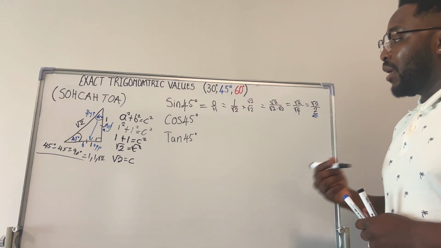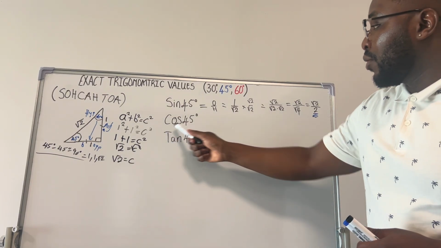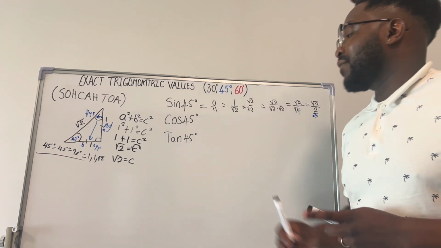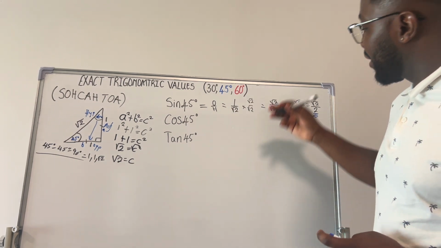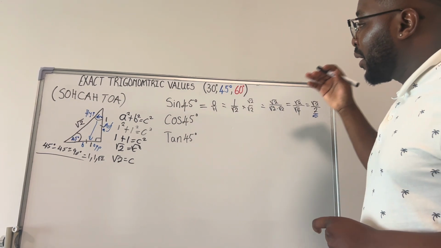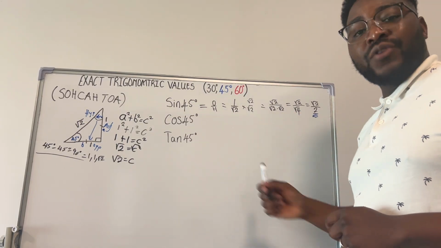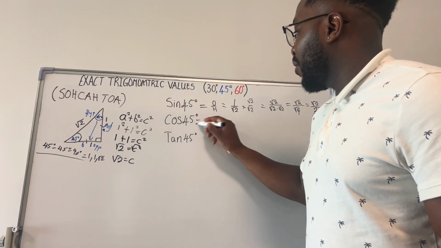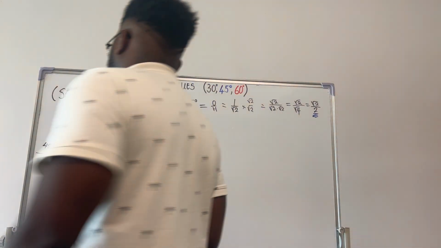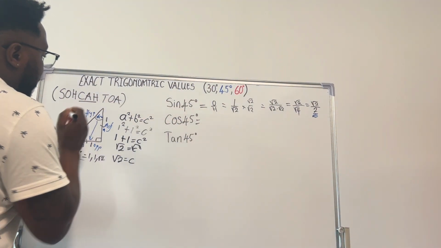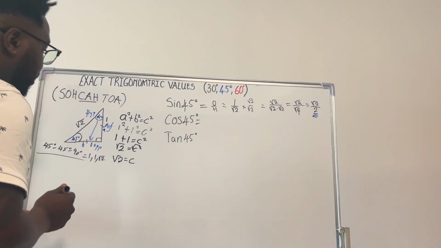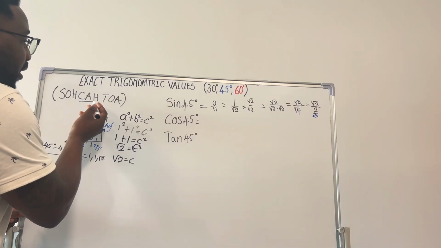Now let's find cos 45, the exact value, in the same way that we found sine 45. For cos, we use the adjacent over hypotenuse.